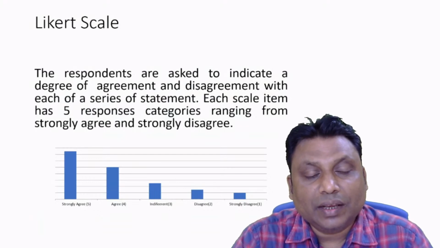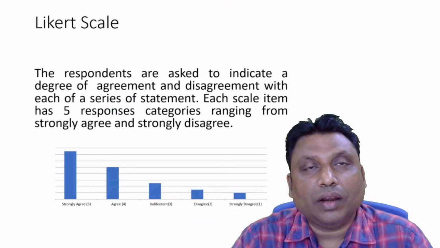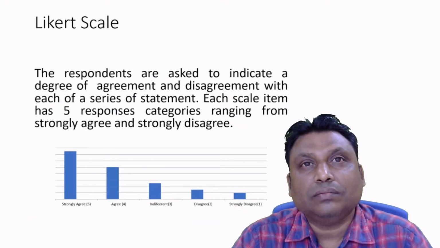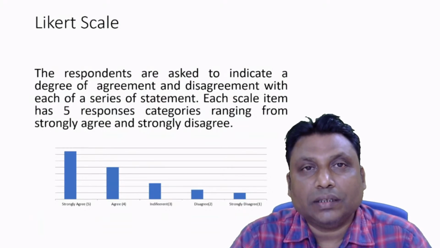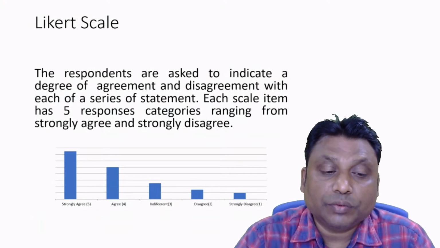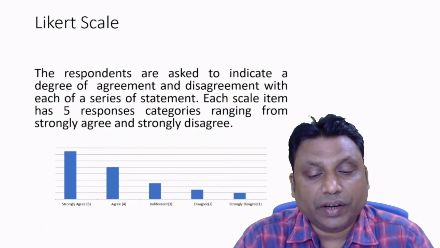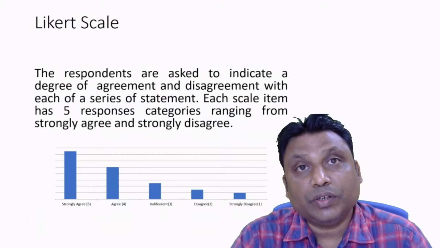So that means what happened? Now, if you are asking a question, for example, that Colgate toothpaste is better than other toothpaste, you are asking the respondents: maybe strongly agree, maybe agree, maybe indifferent, maybe disagree, maybe strongly disagree.